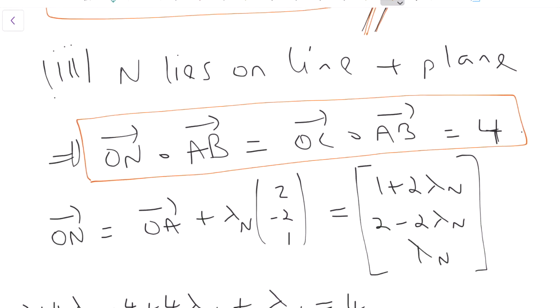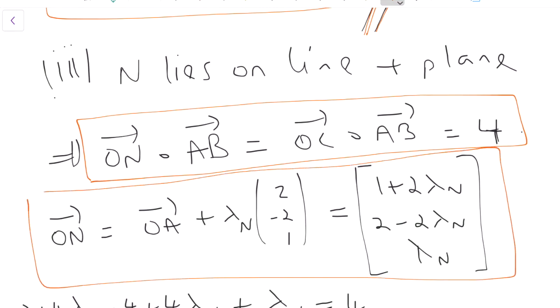And also every point which lies on the line has to satisfy this equation for some lambda, and N will satisfy the equation for one value of lambda, which I denoted by lambda n. So I replace, and then I solve for lambda n.